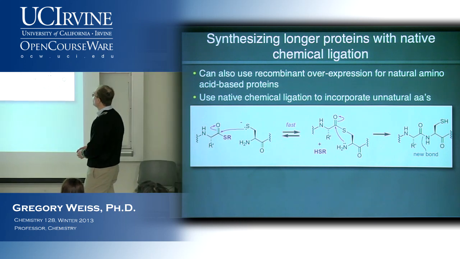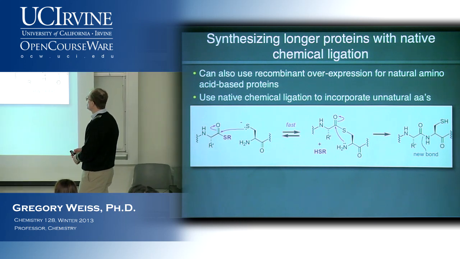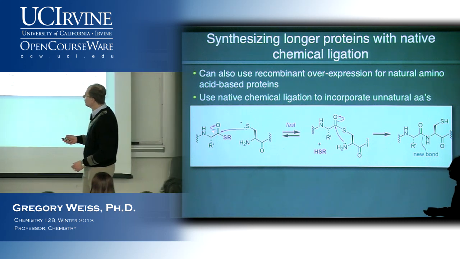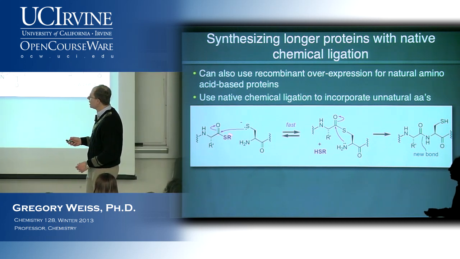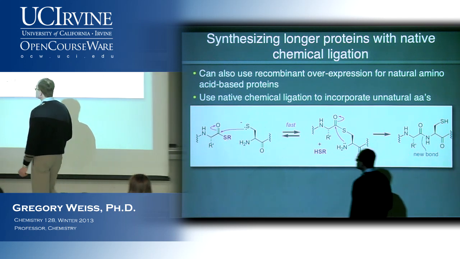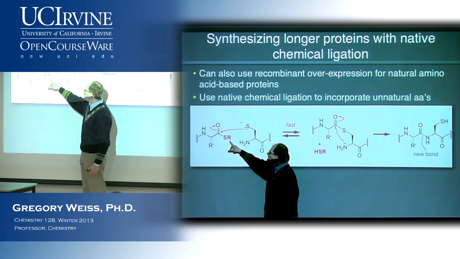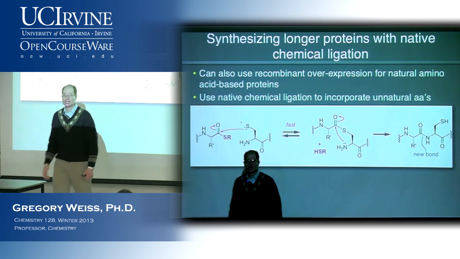This is one called native chemical ligation, discovered by Steve Kent. Here's the way this works. You have a thioester at the C-terminus. Okay, so this would be the carboxylate. Instead of a hydroxide over here, there's a sulfur and then an R. R could be something like a phenyl functionality.